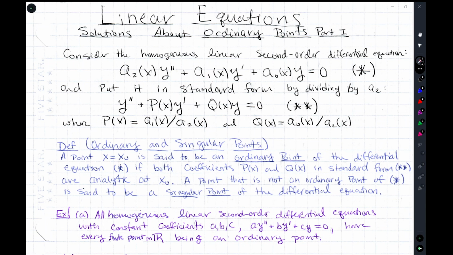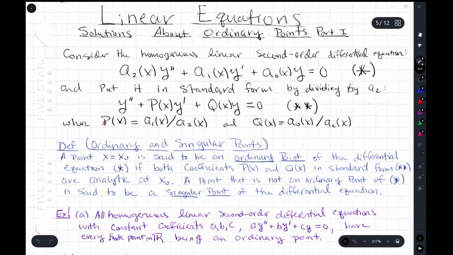And so that's just the special case of dealing with polynomial coefficients. I highlight this as a theorem because we're going to start looking at differential equations rather than putting them in standard form all the time. We'll just say, okay, all of these are polynomials, and we'll just solve for where A2 equals 0, and then we'll know that those are where the singular points are.